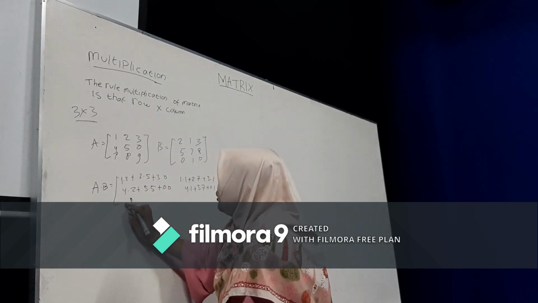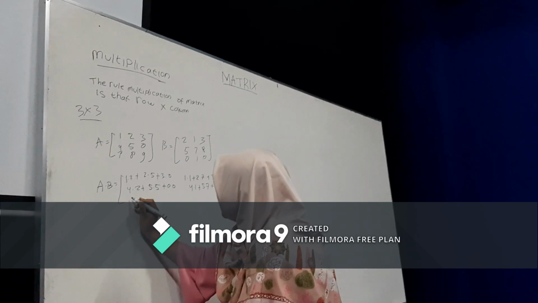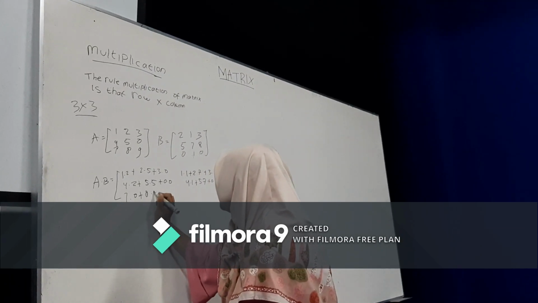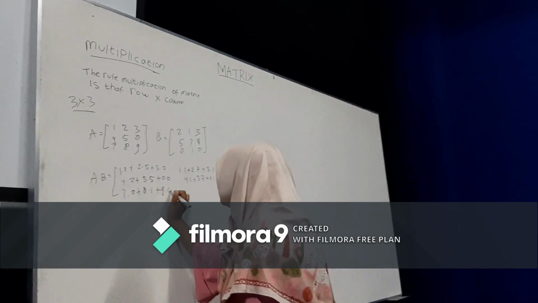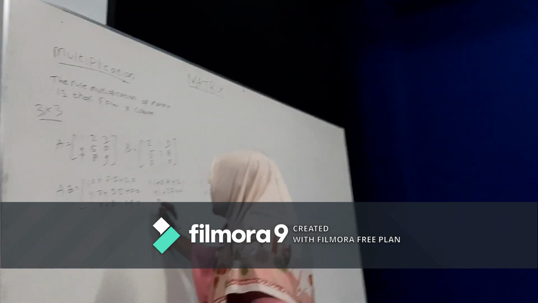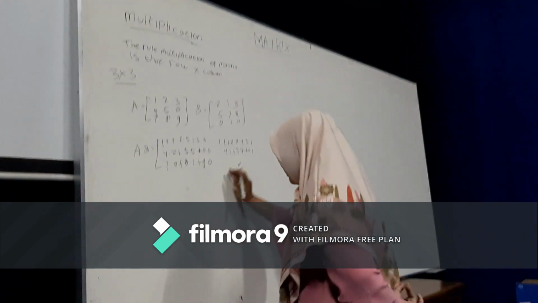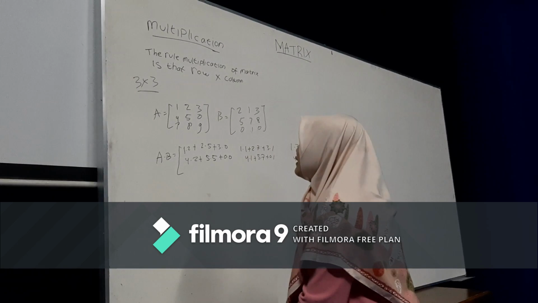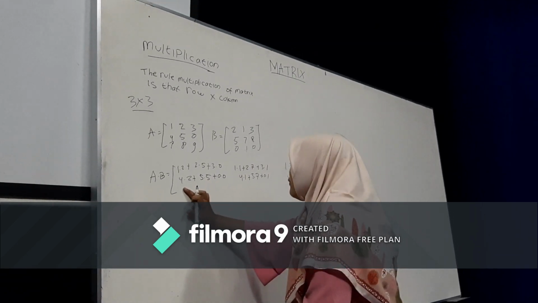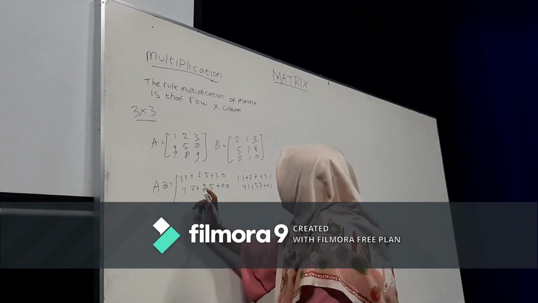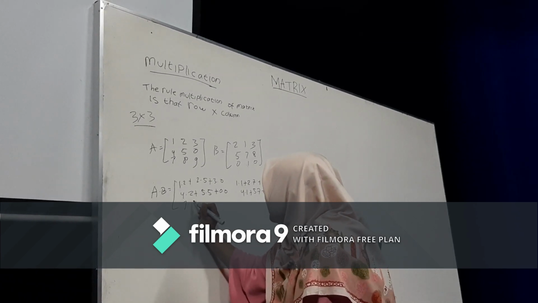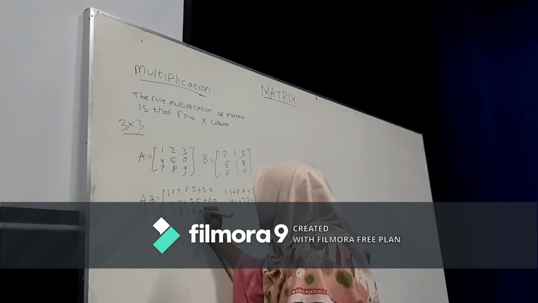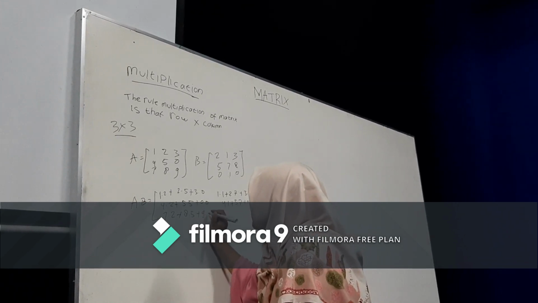For third row, first column is 7 times 2 plus 8 times 5 plus 9 times 0.